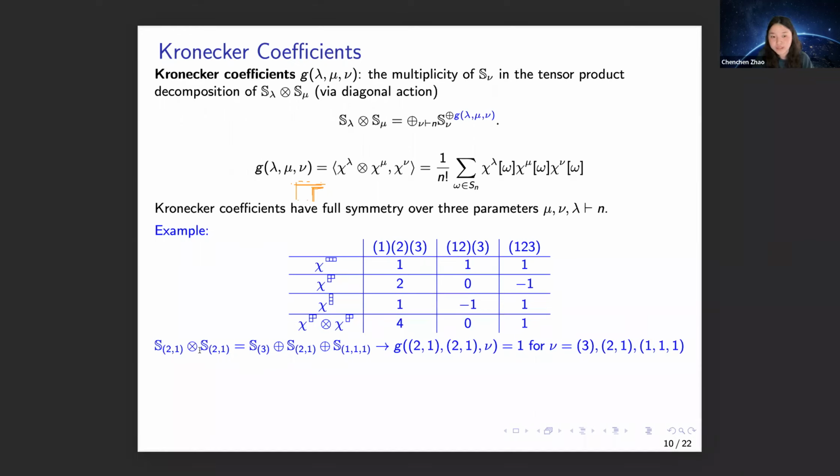So this gives us a decomposition: the tensor square of the Specht module 2, 1 is equal to the linear combination S3 plus S21 plus S111. And by definition of our Kronecker coefficients, this means the Kronecker coefficient is equal to 1 for any partitions of shapes of size 3.